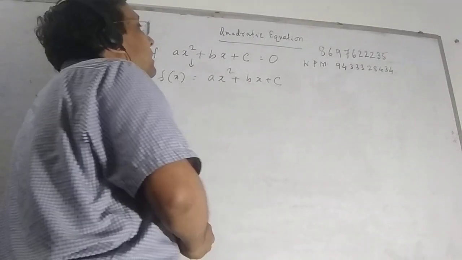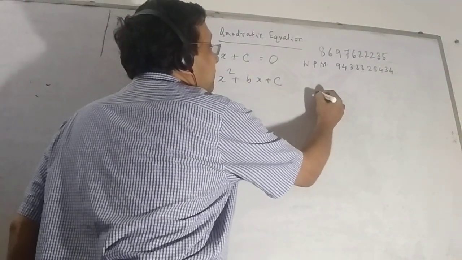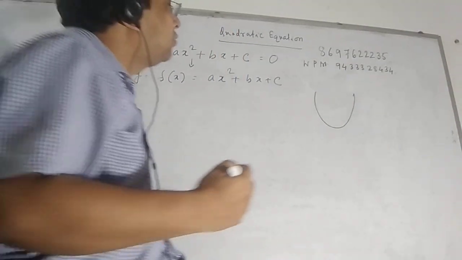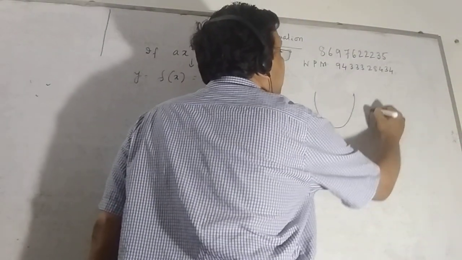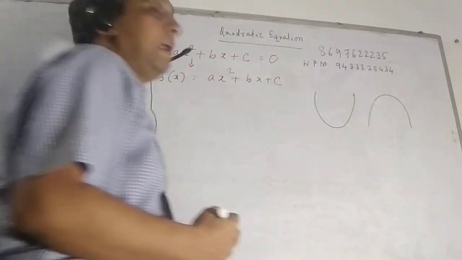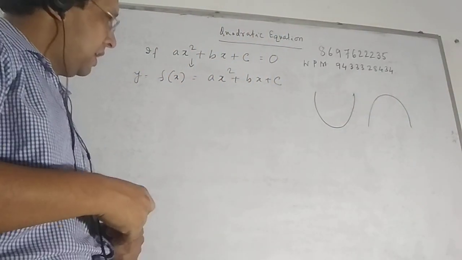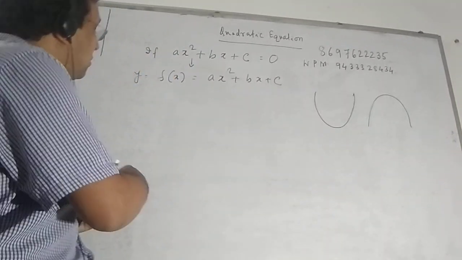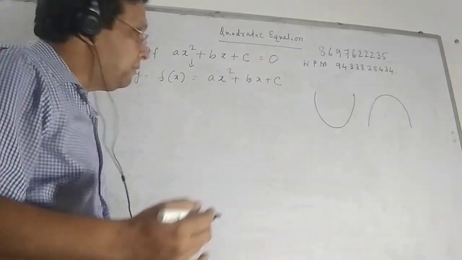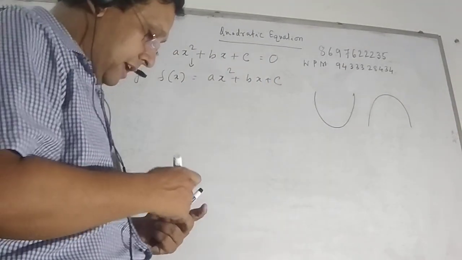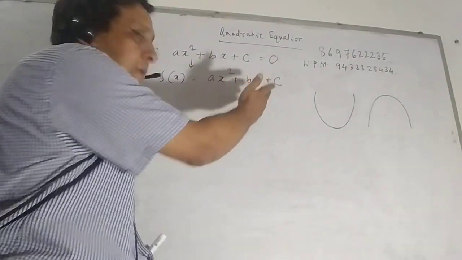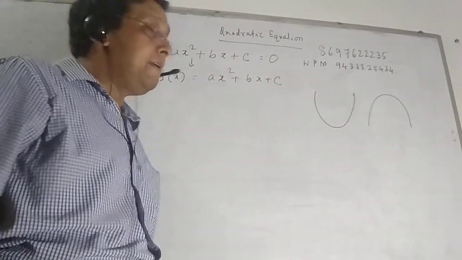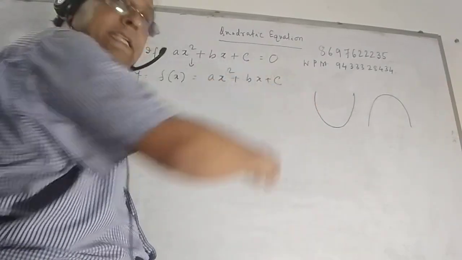The parabola can be like this, U-shaped, as I told, and also it can be like this, that is inverted U-shaped. It can also be drawn in different ways, but that is not what we are discussing. We are discussing particularly when y is equal to ax square plus bx plus c.